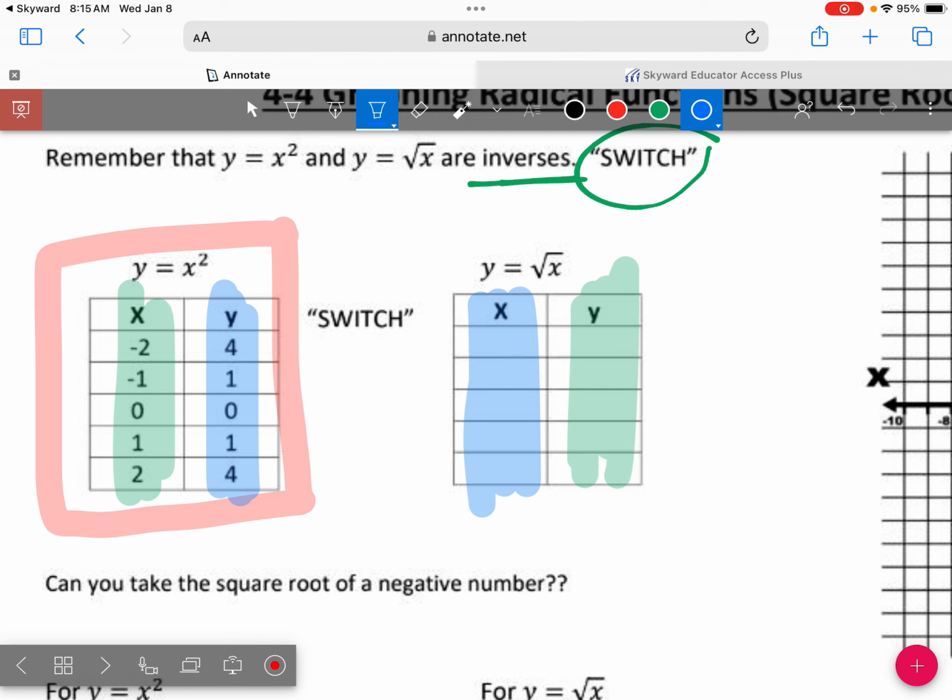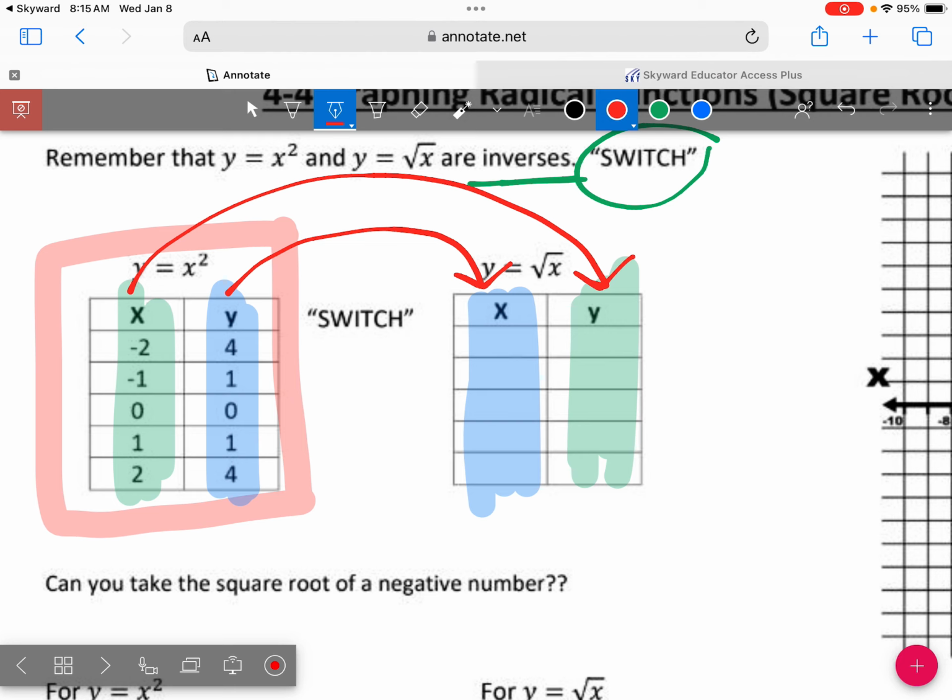We're going to flip it. So I'm writing all of these numbers here and all of these numbers here. Okay, so that would give us 4, 1, 0, 1, 4 and -2, -1, 0, 1, 2.